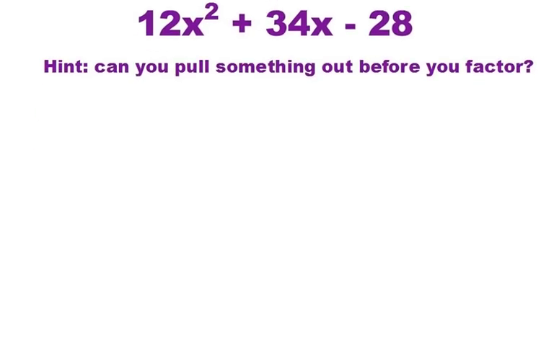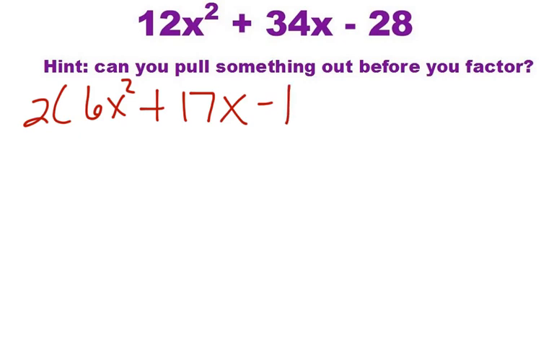Look and see if you can pull something out. They all divide by 2. Leaves me 6x squared plus 17x minus 14. Okay, it's not wonderful. You're still going to have a longer one because there's a number in front of x squared, but you have a little bit smaller numbers to work with.